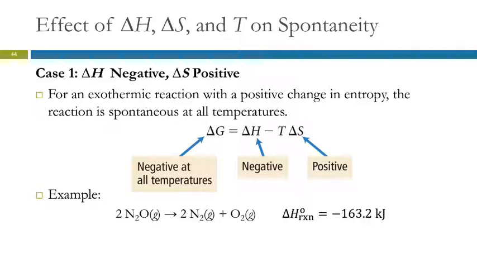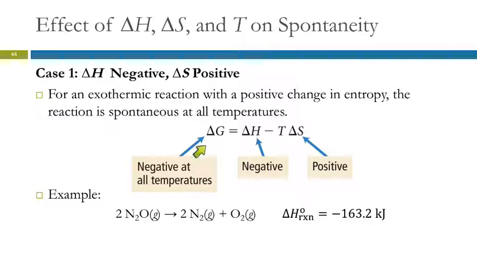We're subtracting the change in entropy for the system, and we know that when the entropy increases, that promotes spontaneity as well. So here we have a negative delta H, and we're subtracting a positive number. At all temperatures, this is going to be negative and spontaneous. That makes sense?